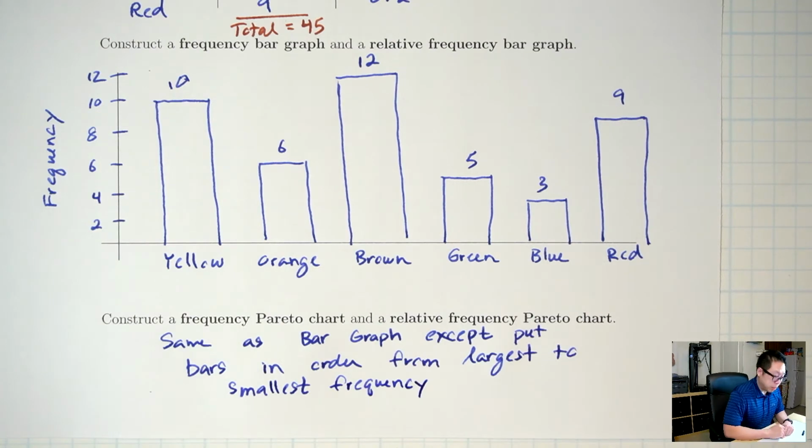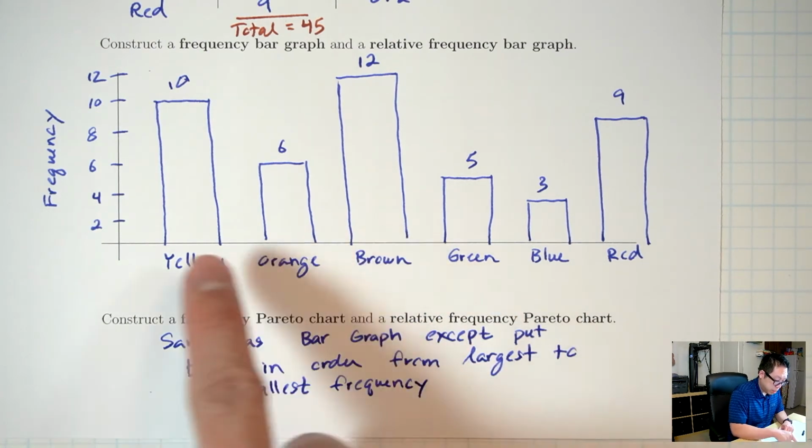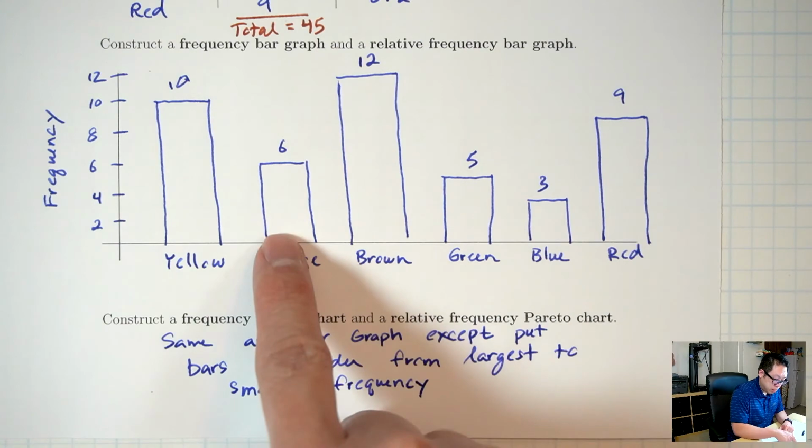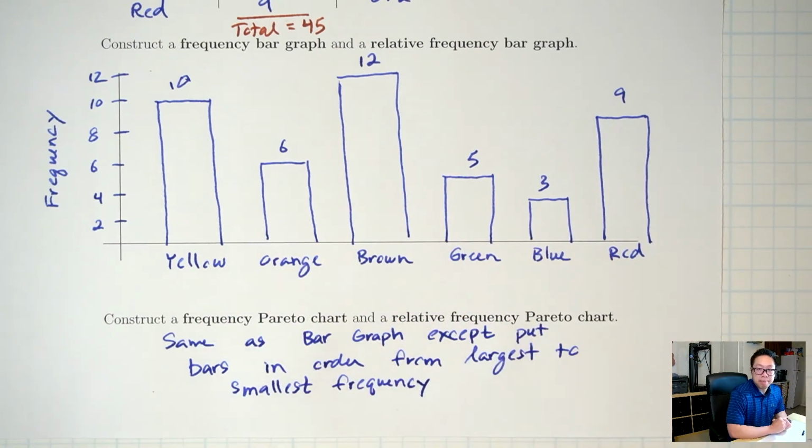A Pareto chart would mean you're going to put the 12 first, then the 10, then the 9, 6, 5, and 3. And that's it.